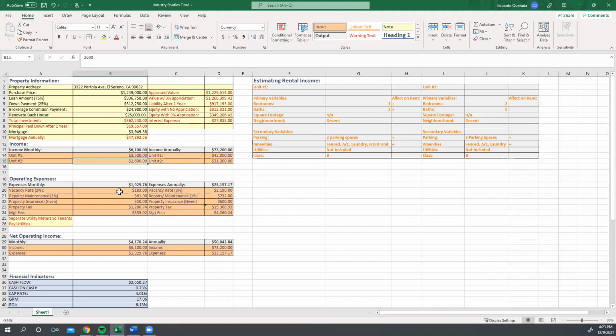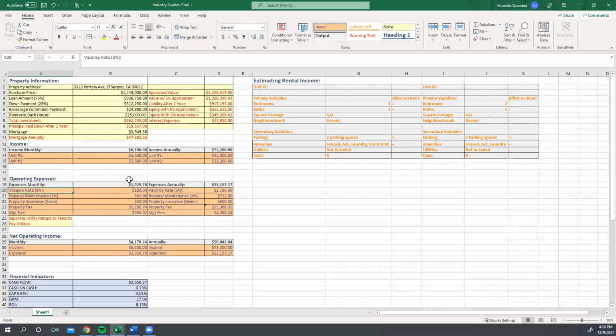Below that are going to be the operating expenses. So not too many here, mainly because, as it's noted here, both units have separate utility meters, meaning that the tenants would be paying the utilities. So most of these values are going to be the same ones that we've been asked to calculate throughout the year: vacancy rate, repairs, property insurance, property tax, and management fee.